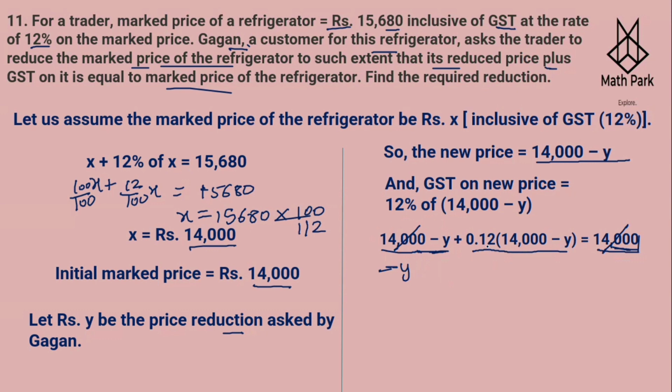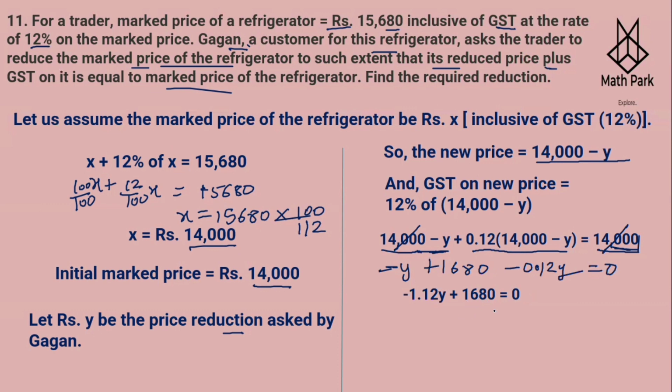You get this as 1680. So plus 1680 minus 0.12Y is equal to 0. So this minus Y plus minus 0.12Y becomes minus 1.12Y. So this is minus 1.12Y plus 1680 is equal to 0.